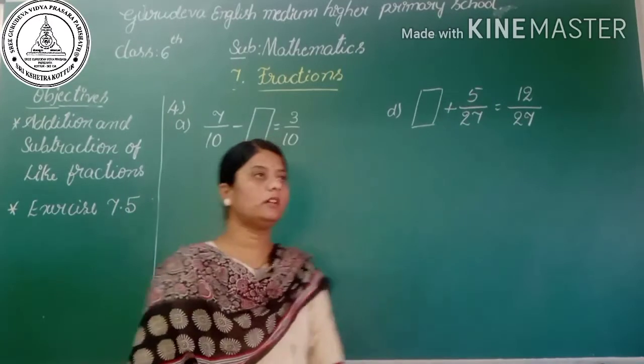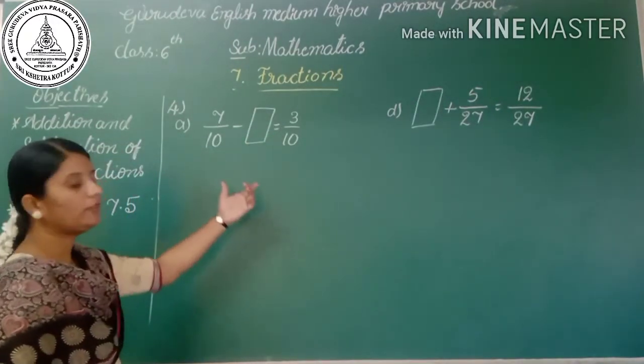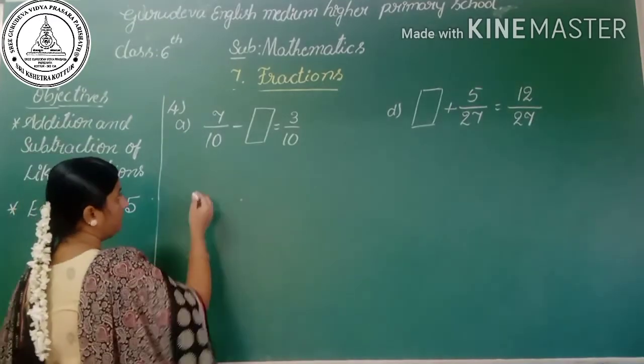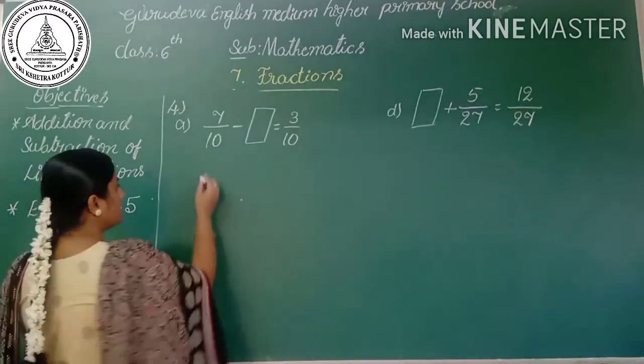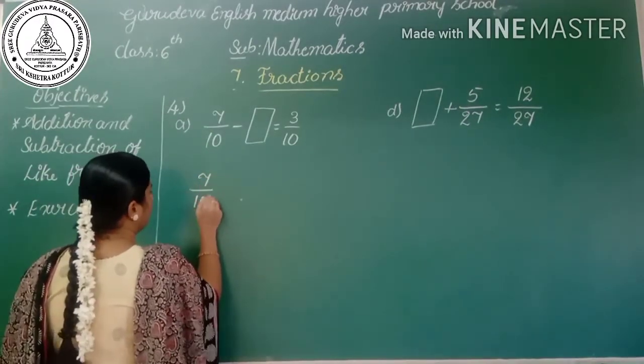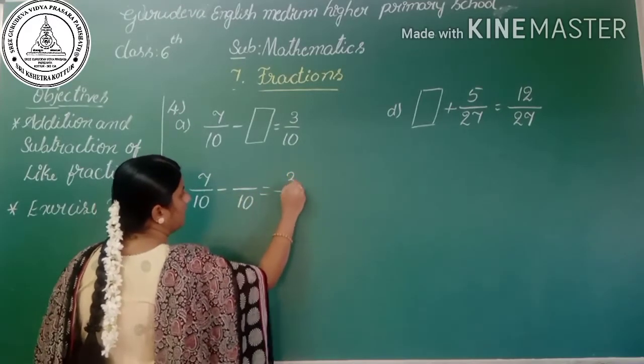So we are doing the addition and subtraction of like fractions, right? Both the fractions have the same denominator. You see here 7 by 10 minus blank by 10 is equal to 3 by 10.